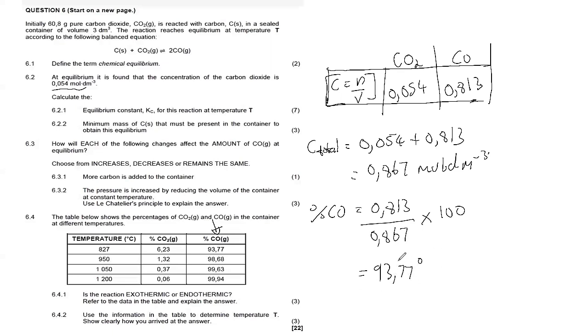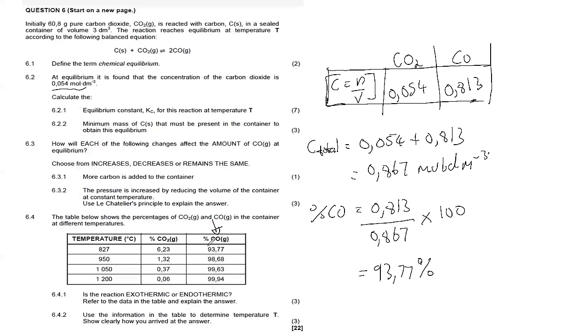But I only calculated the percentage yield. Why am I calculating the percentage yield while they ask me to find the temperature? It's because the percentage yield that I get has to correspond to a certain temperature. And then if I find a percentage yield that corresponds to that certain temperature there, then we say the temperature T is that.